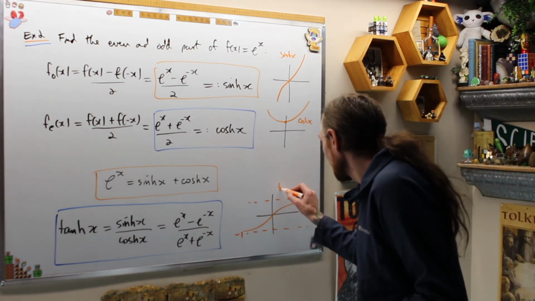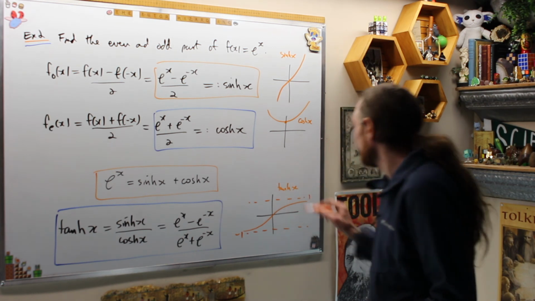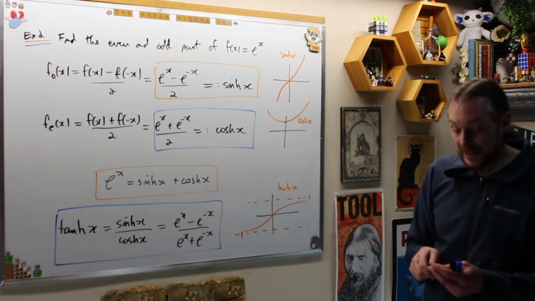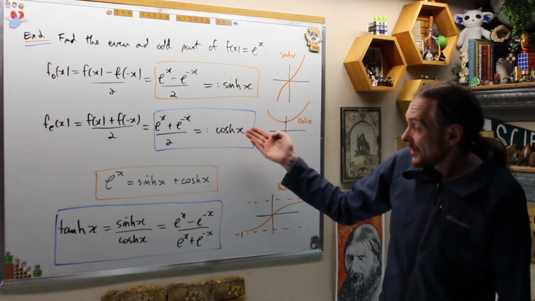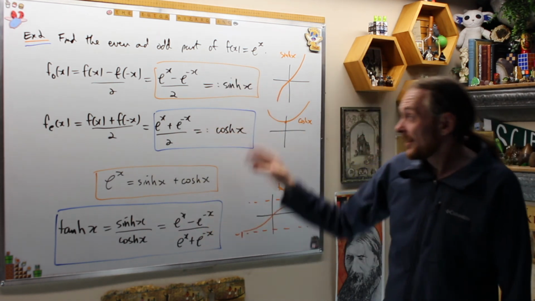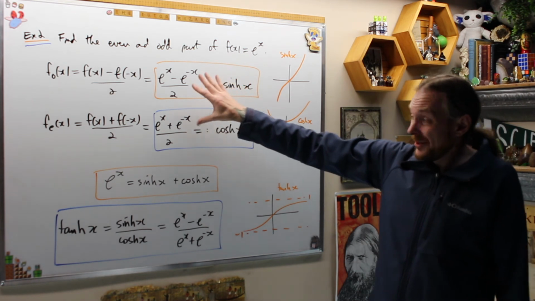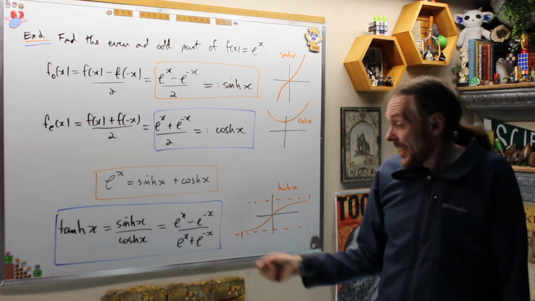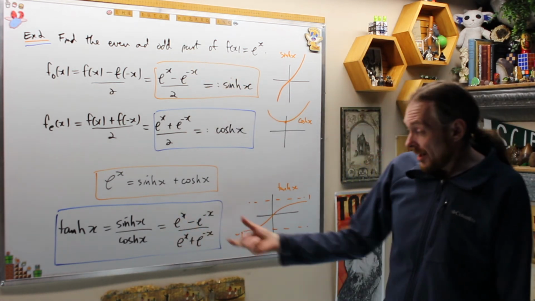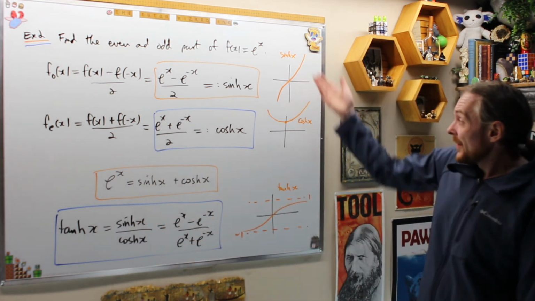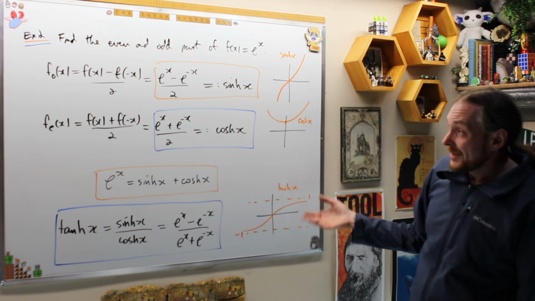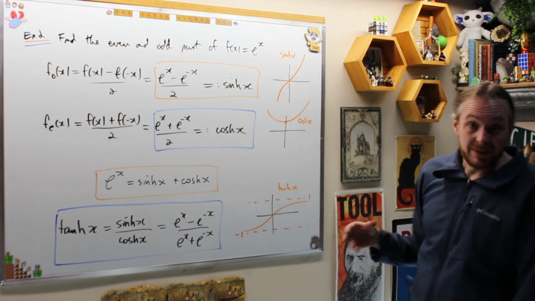This will be tan hyperbolic x. So these are the three main hyperbolic functions: sine hyperbolic, cosine hyperbolic, and tan hyperbolic. These two are linear combinations of the exponential function e to the x, and this one is the ratio of sine hyperbolic over cosine hyperbolic. These are their graphs.